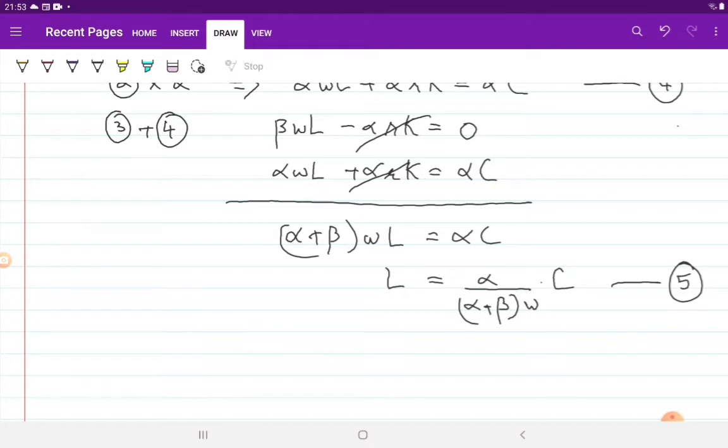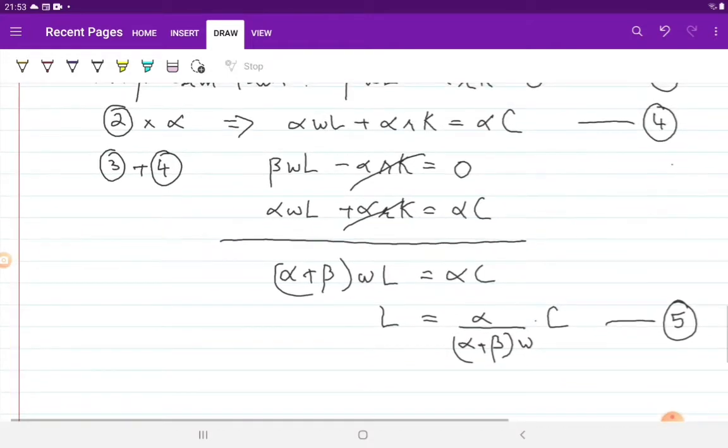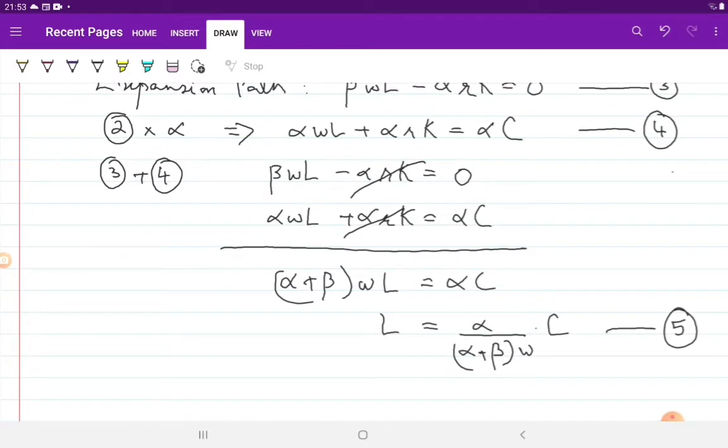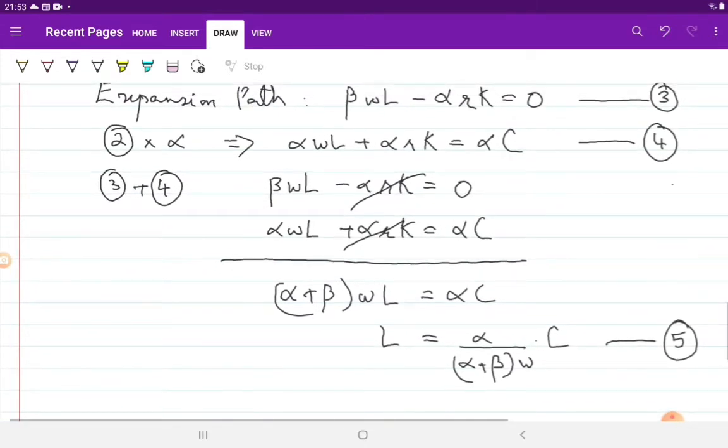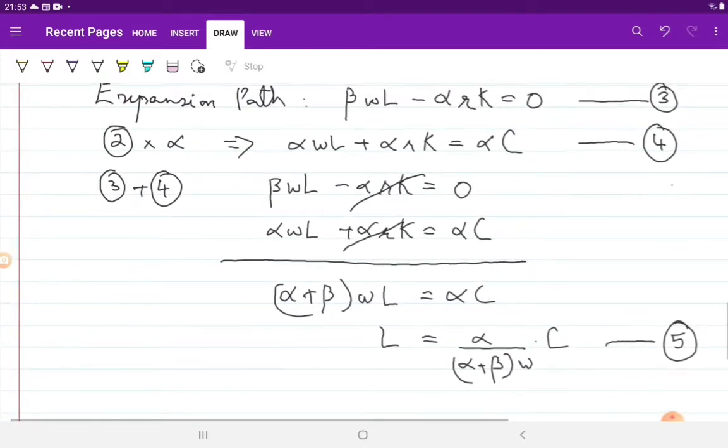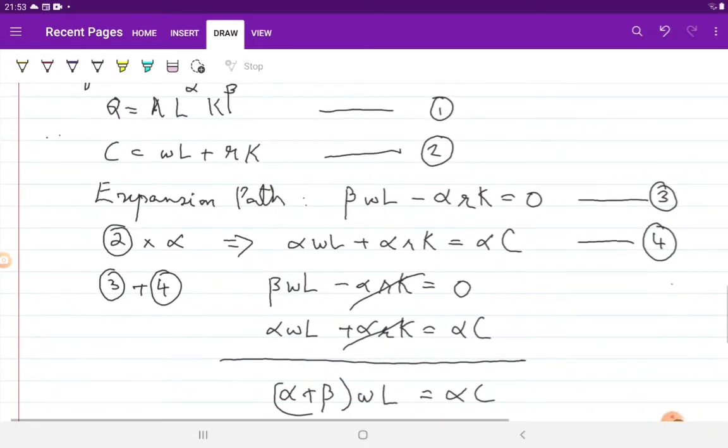Now my next step would be to use this relation from equation 5 into my second equation.